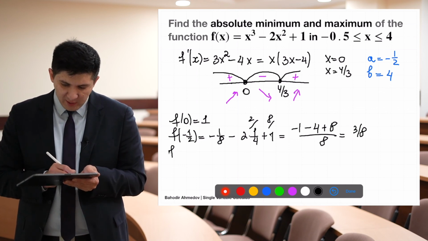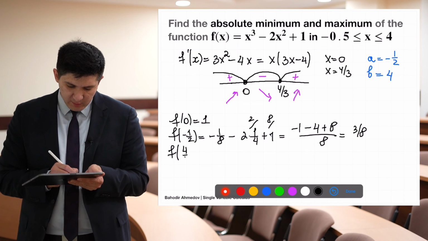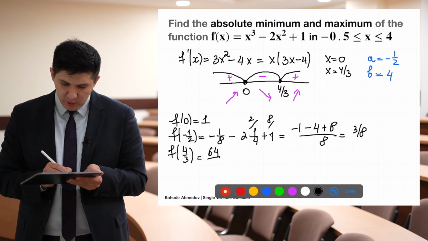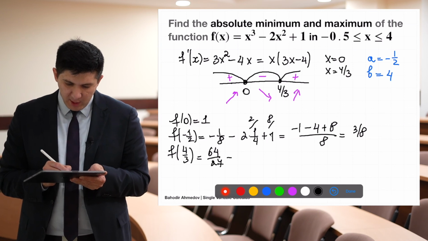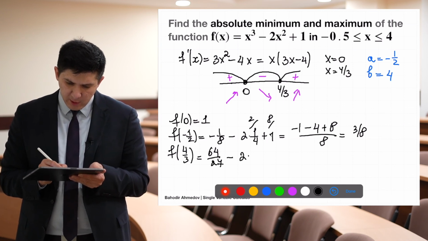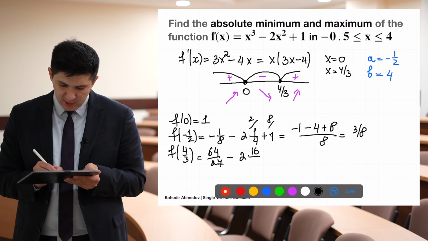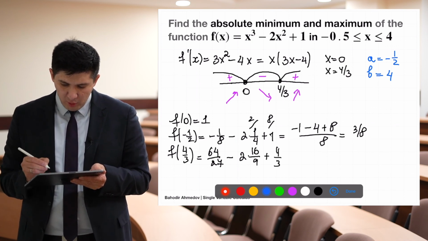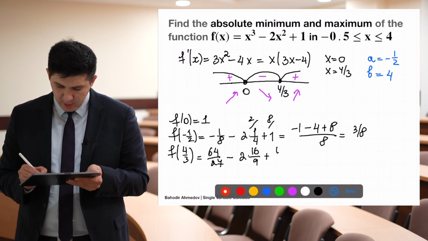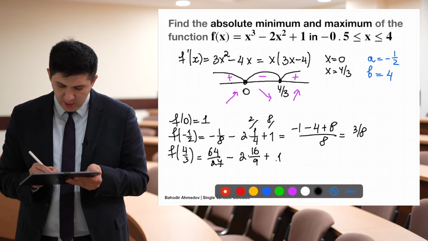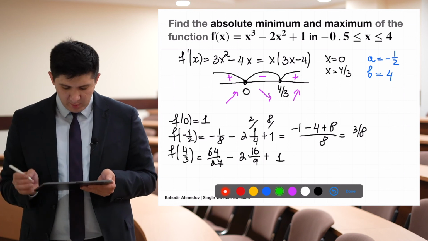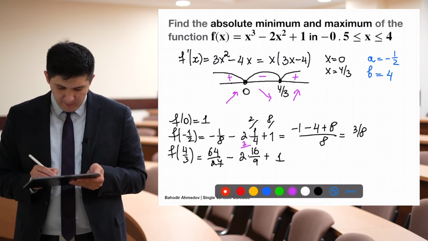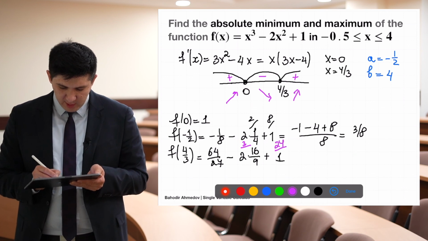So the value of the function at 4 over 3 is going to be equal to 64 over 27 minus 2 times 16 divided by 9 plus 4 over 3, plus 1. Again, I'm going to give the common denominator. The second term should be multiplied by 3, and the third term should be multiplied by 27.